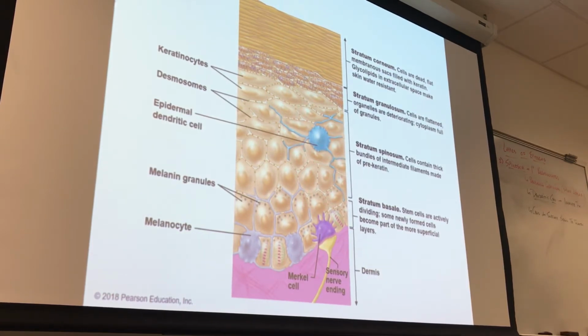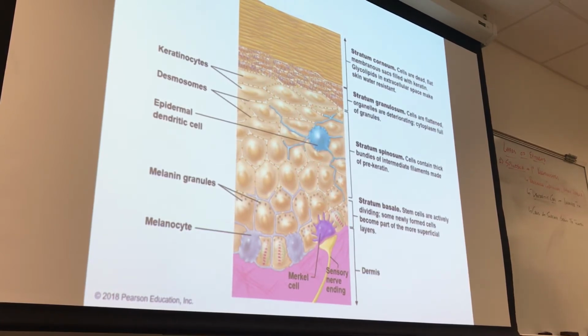They're beginning to flatten because they're dying. They're not dead, but they're beginning to die. But why are they beginning to die? Getting closer to the surface. That's true. It's going to be a protective mechanism, but that still doesn't explain why they die. What's the one thing we said about blood supply to the epidermis? Does it have it or does it not have it?